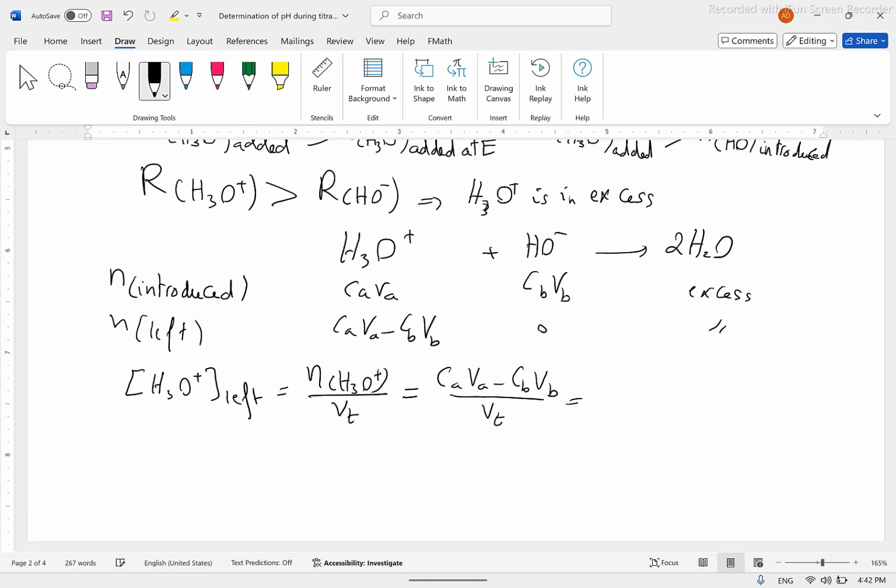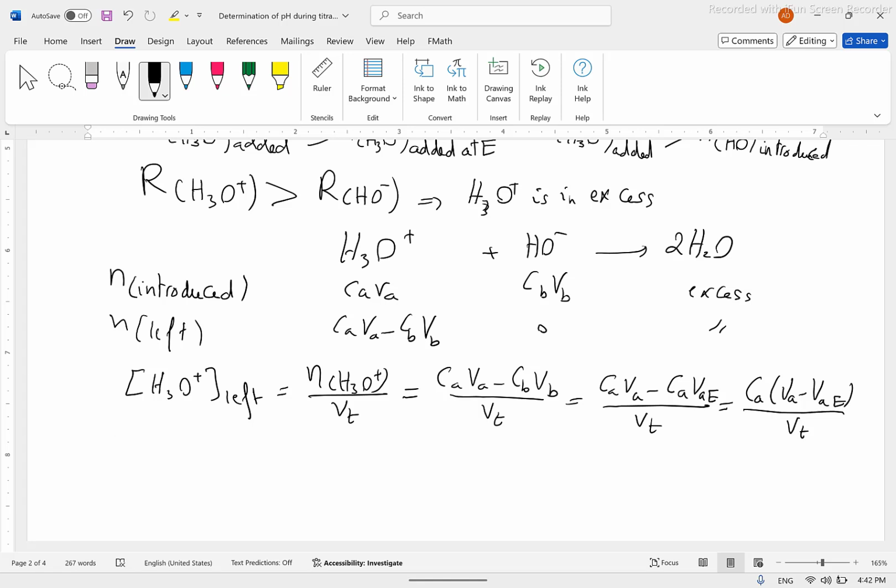And since at equivalence CBVB equals CAVAE, then we can replace CBVB by CAVAE. CAVA minus CBVB, we replace it by CA(VA minus VAE), over V total.